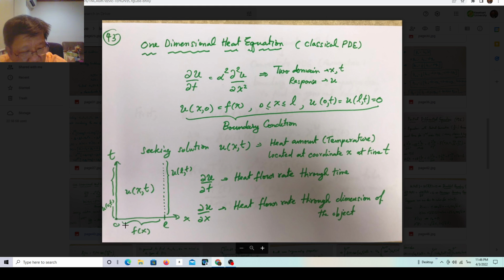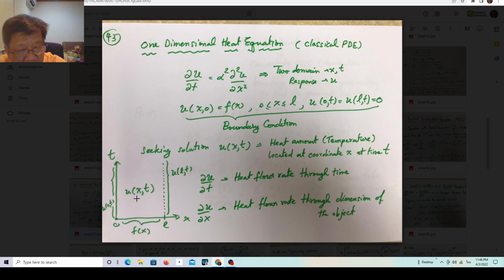So at u(0,t), for all t, where t is the y-axis here, this is the boundary condition. You have the condition here at the lower limit of x, and also the boundary condition when x is equal to L, u(L,t).